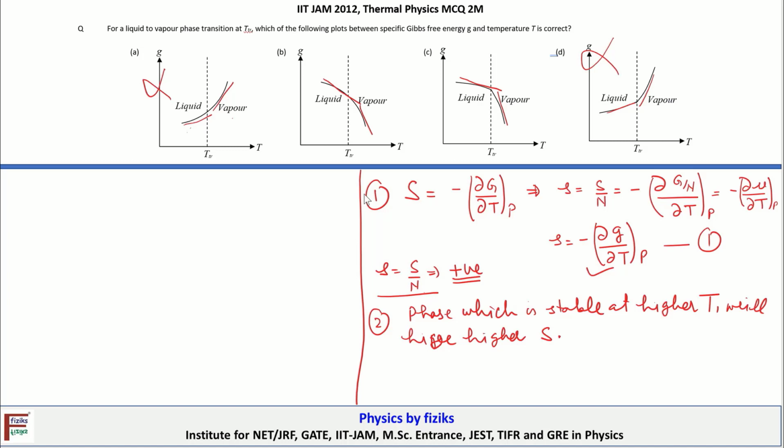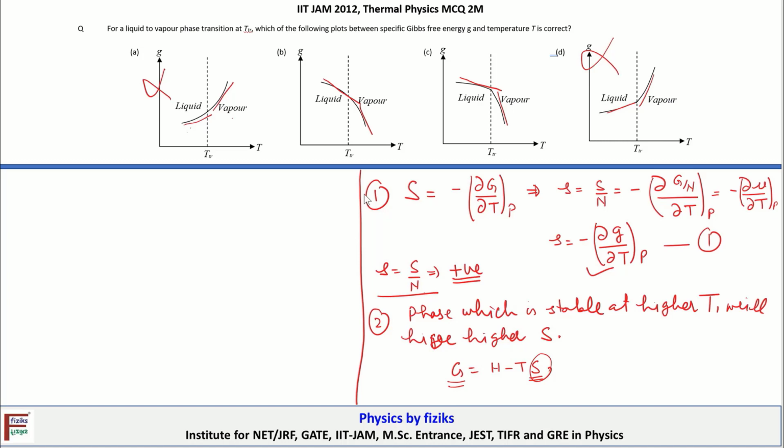Because the Gibbs free energy is given by H minus TS. The phase which is stable at higher temperature should have higher entropy, and that is accompanied by Gibbs free energy minimization. So to minimize the Gibbs free energy, the phase which is stable at higher temperature should have a higher entropy. That makes sense.